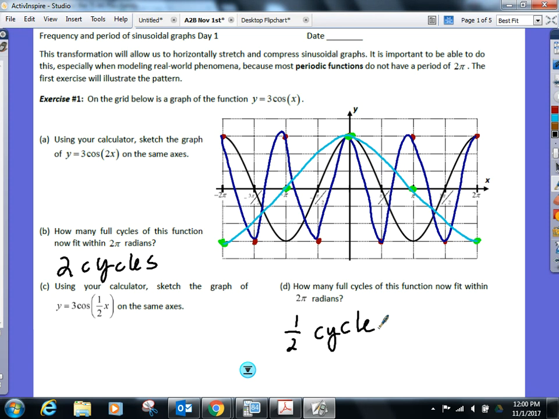But is there a pattern between how much of the cycle you see and the number in the equation? Yes, there is. You see 2, I had 2 cycles. You see 1/2, I see 1/2 of a cycle.